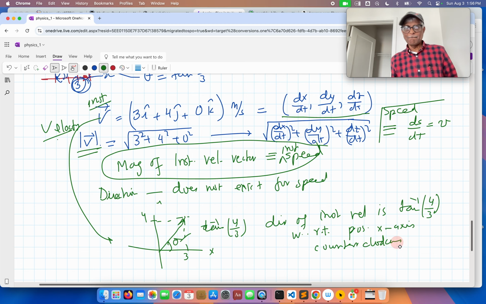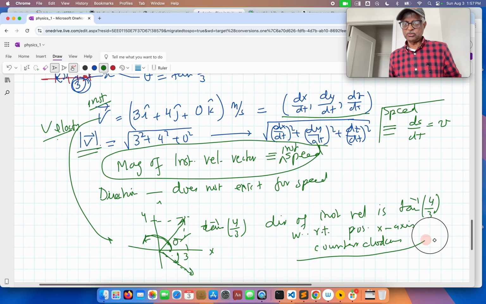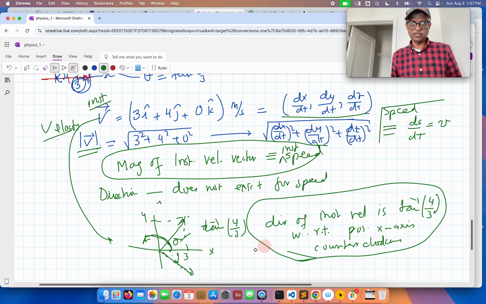That is because I'm going in that direction counterclockwise. That direction is clearly different from this direction; if it was this direction, it would be clockwise. So the direction is contained in this angle, but it requires a little more specificity.